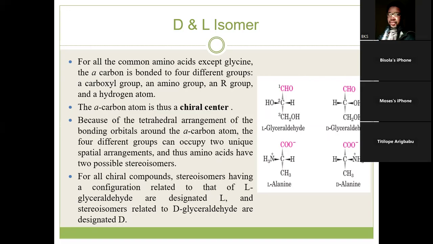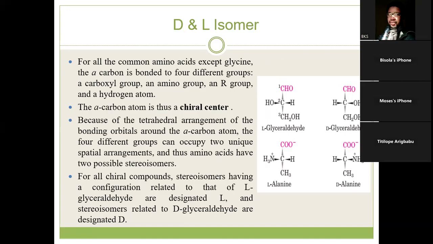Remember, we gave the formula: the number of isomers is equal to 2 raised to the power of n. The n is the number of the asymmetric carbon. If it is 1, then 2 raised to the power of 1, you have 2. If it is 2, you have 2 raised to the power of 2, you have 4. So if a compound has 2 asymmetric centers, then it is likely going to have 4 different isomers.